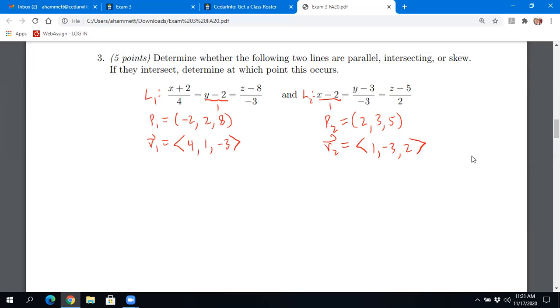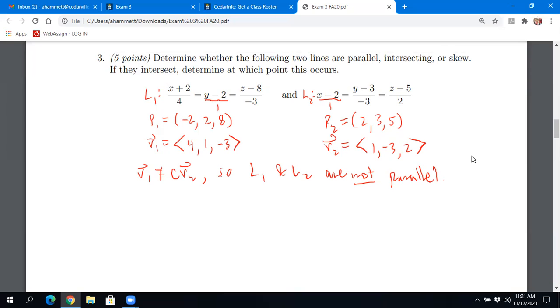And you stare at that for a minute, and you realize that V1 and V2 are not parallel. There's nothing you can multiply the first direction vector by to get the second one, or vice versa, yes? So V1 does not equal some constant times V2, so L1 and L2 are not parallel. Okay, so that's the first thing that you can say about this.